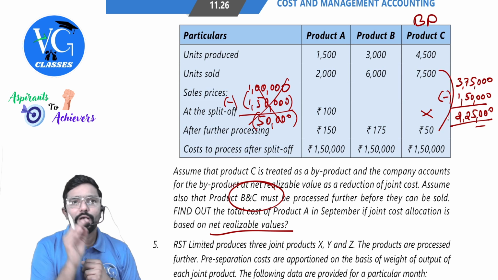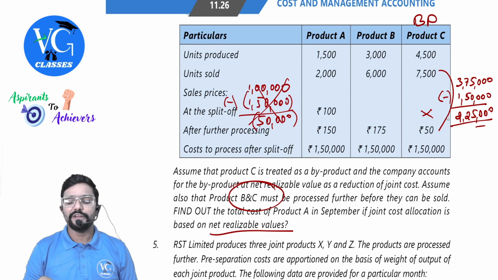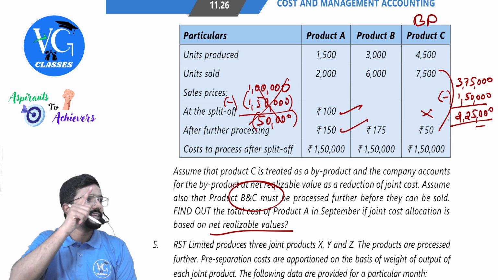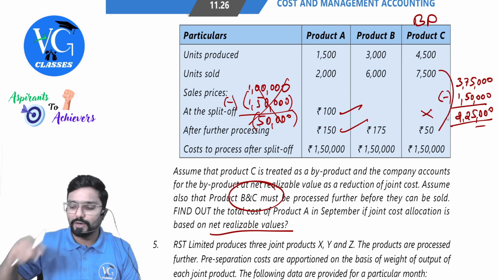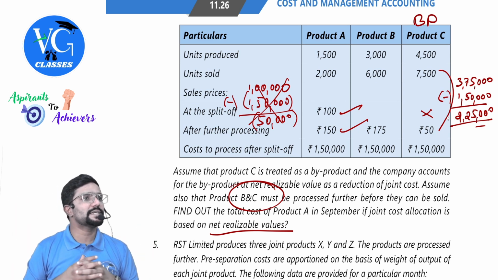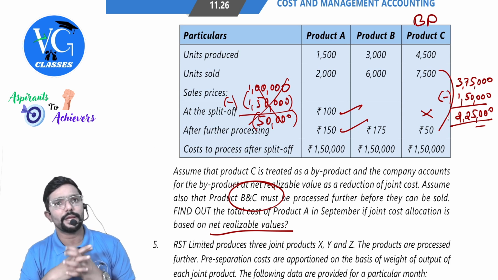Now, to calculate the net realizable value of A, should we take 100 or 150? 100. Key thing. Guys, listen here. I had told I will stick to my words. If net realizable value of joint products has to be calculated, we should always take sale value after further processing.